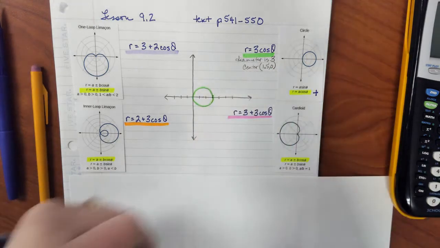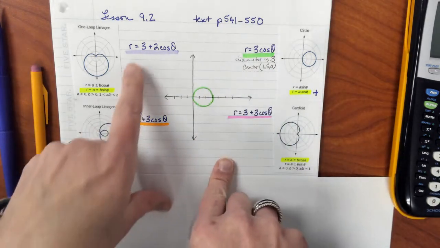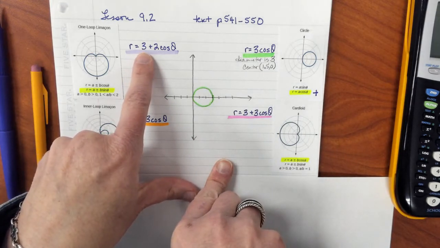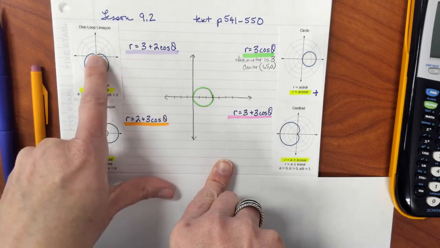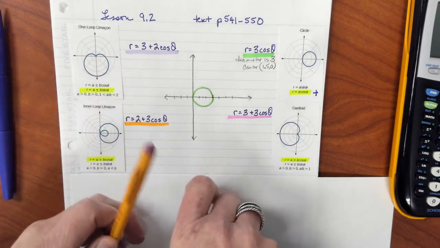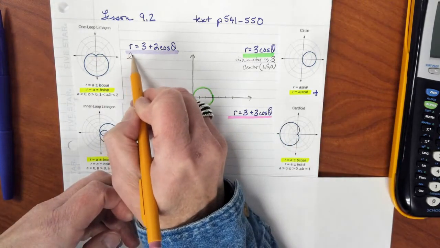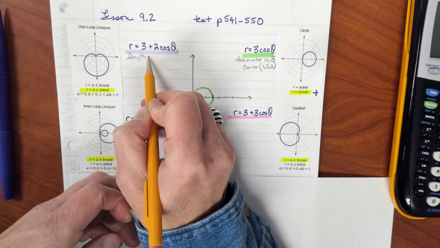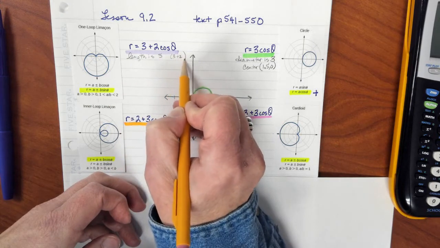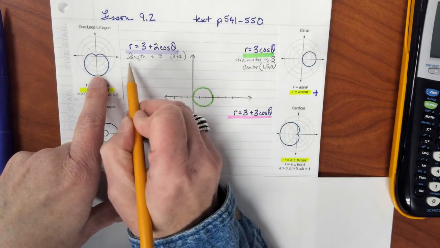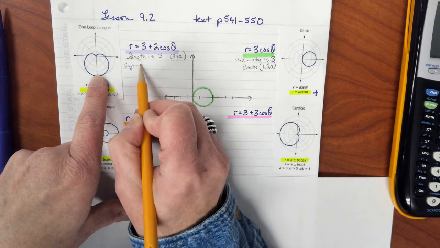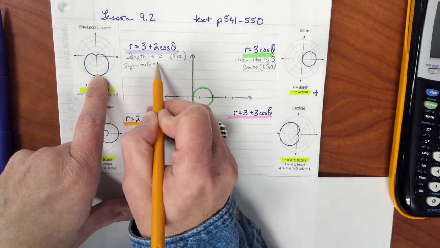Now this 1 loop limaçon with the 3 in the front is going to give you the length, which is now going to be the sum of those 2 numbers. So here my length is 5, or the 3 plus 2, and it is symmetrical to the theta is 0.